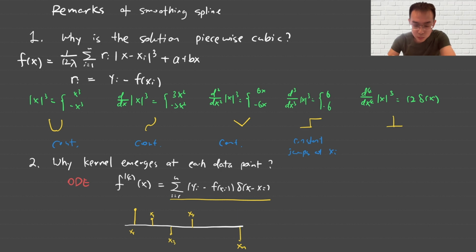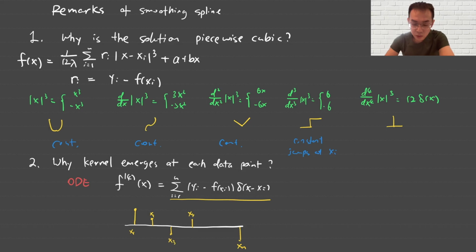Okay, for the second remark, let's recall where exactly the kernel function emerges at each data point. First, let's take a look at the ordinary differential equation we get from variational calculus. We have the first derivative of f equal to a sum of a bunch of delta functions.